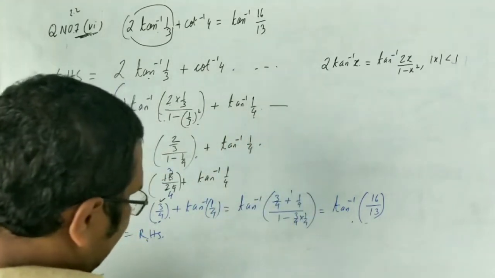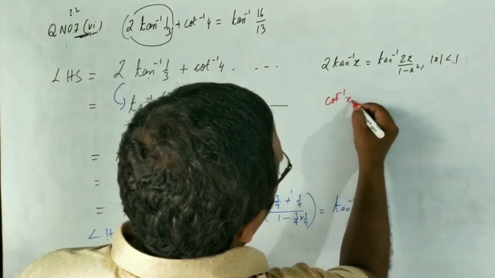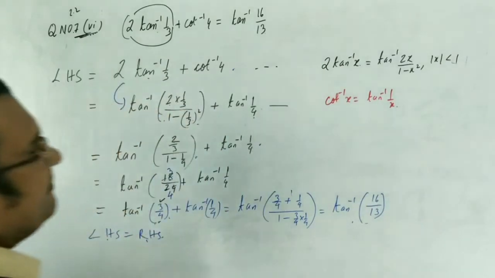Here cot inverse x is equal to tan inverse 1 by x.